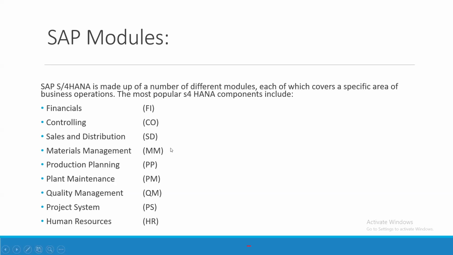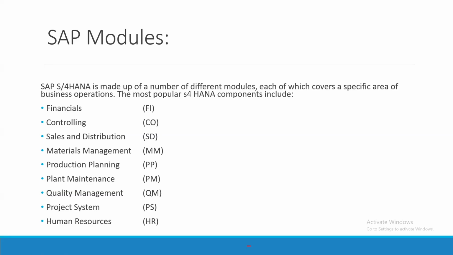But at least FICO, SD, MM and PP, these are base modules which compulsorily need to be taken for any kind of project. And then this team together will be working, whether it is implementation, support or any project. As a team, you will need to work together, understand the requirement of the client, and then hand it over to the client.